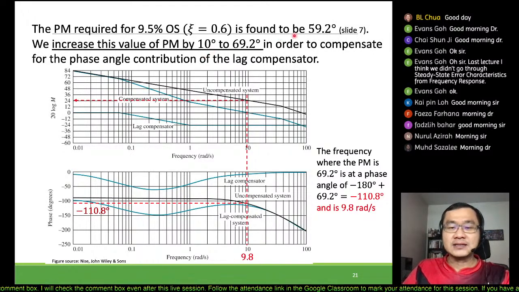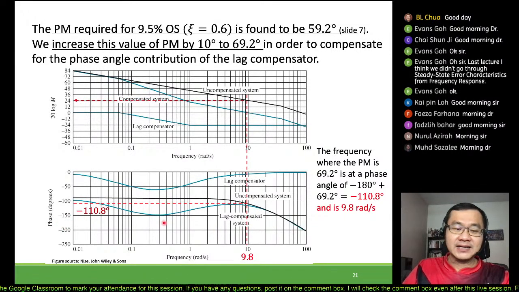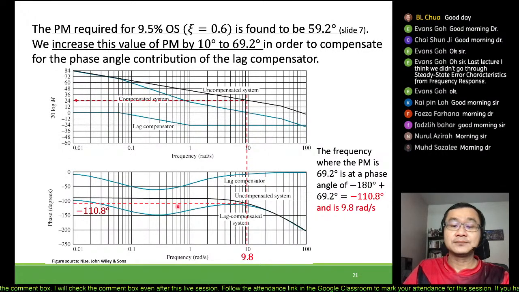Then it would become 69.2, and from that, 180 minus 69.2 gives you minus 110.8. So you draw a line.